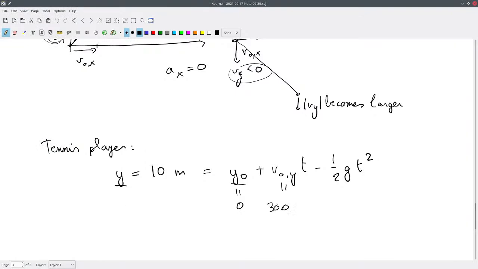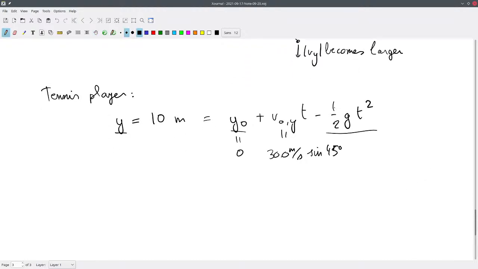It's 30.0 meters per second times the sine of 45 degrees. And we can calculate this, right? We can calculate 1/2 g, but we don't know t. So ultimately, we end up with an equation. 10 meters is 30 meters per second times the sine of 45 degrees times the time minus 1/2 g t squared.